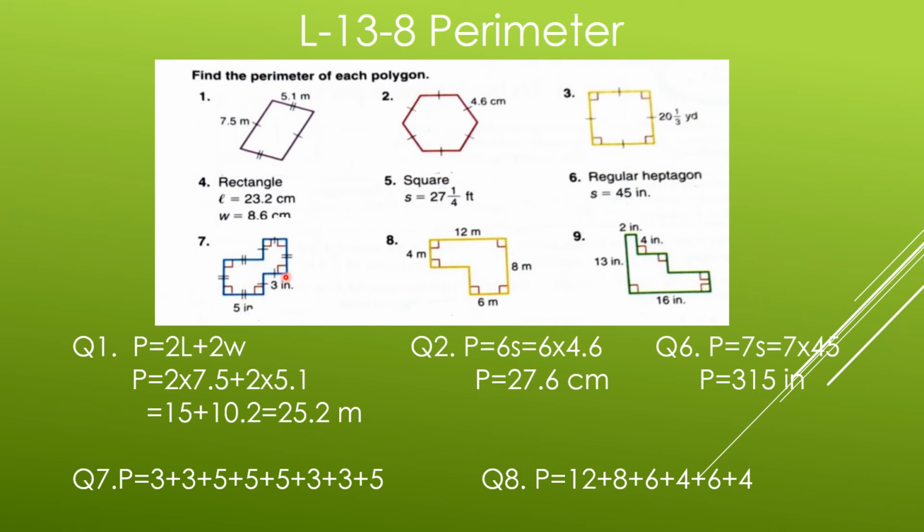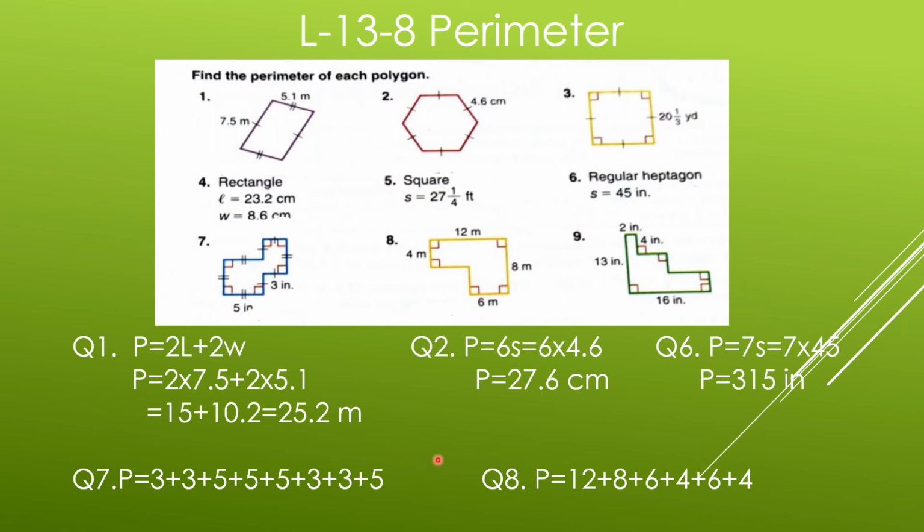Then you start from here. For example, 3 inches, then 3 inches, then 5, then 5, then 5, then 3, then 3, then 5. You can see in this one 3, 3, 5, 5 and 5, 3, 3 and 5, like this.